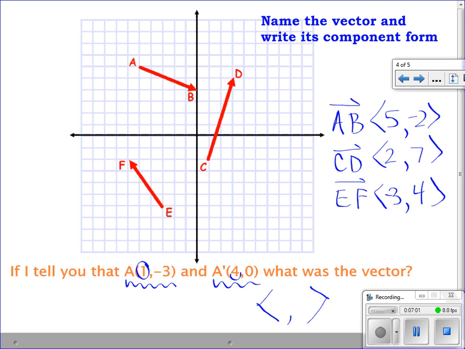So it moved 3 to the right, correct? And then the y value started at -3 and moved to 0. How far did it move up? 3. So it moved right 3 and up 3. That's the vector it moved along. Questions?